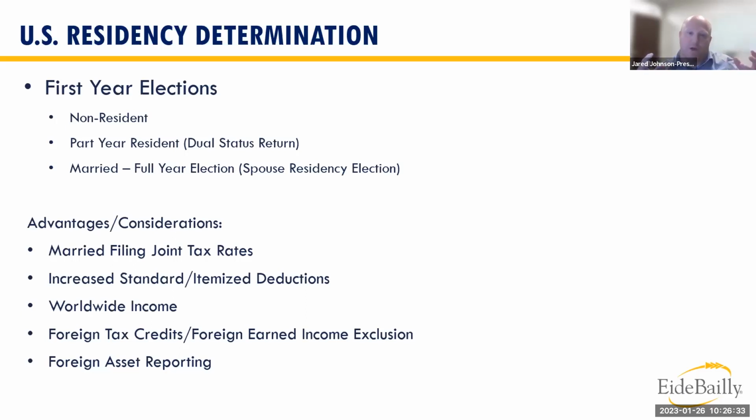So there's some planning you can do if you qualify for non-resident versus part year. A part year is you're filing two returns in one, a resident return with a non-resident return. So it's kind of a split year. There are lots of different reasons why you'd want to do one versus the other.